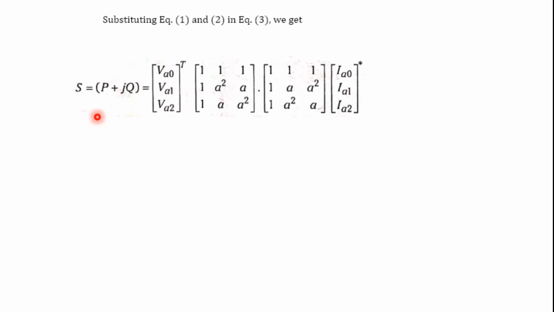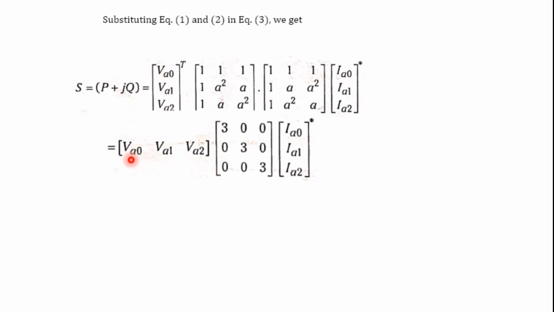Then substituting equations 1 and 2 in equation 3, we get P plus jQ, which is nothing but the transpose of [VA0 VA1 VA2] multiplied by the matrix [1 1 1; 1 a² a; 1 a a²], which is the value of VA, VB and VC transposed, and this is for the IA, IB and IC values, with [1 1 1; 1 a a²; 1 a² a] times the conjugate of [IA0 IA1 IA2]. After simplification, the transpose turns the column matrix into a row matrix, and while multiplying we get only the diagonal elements.